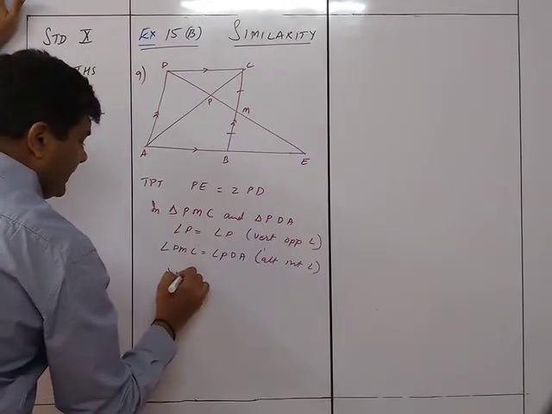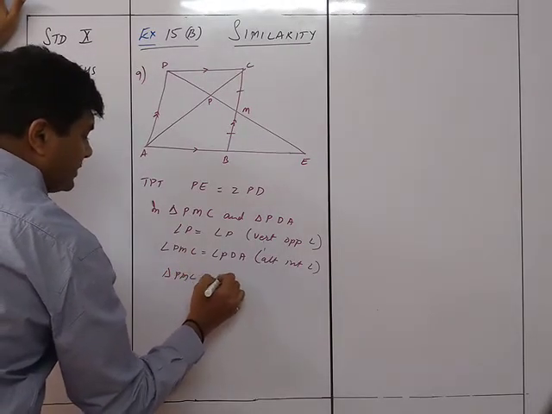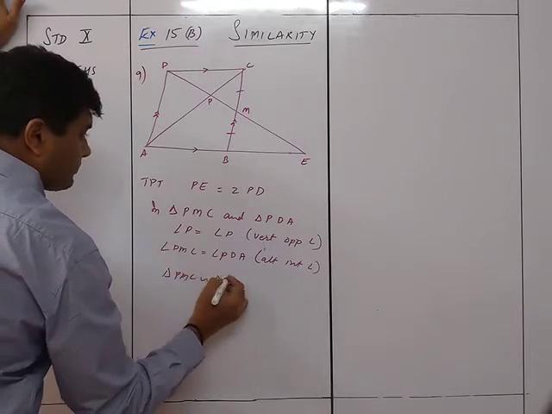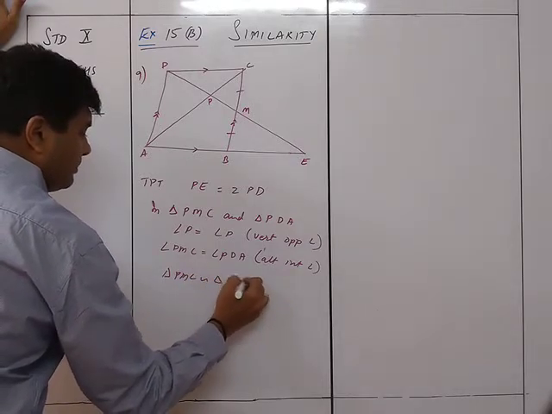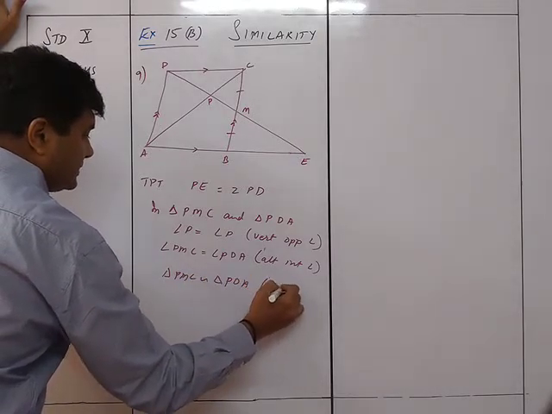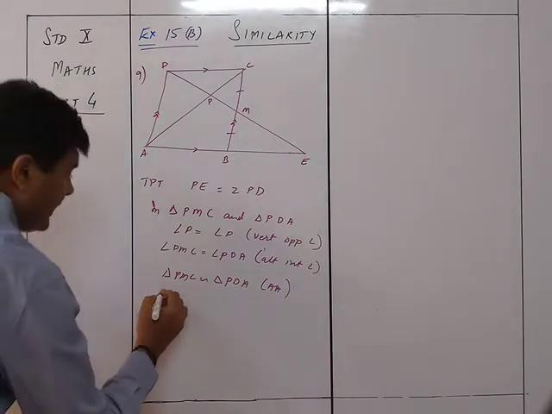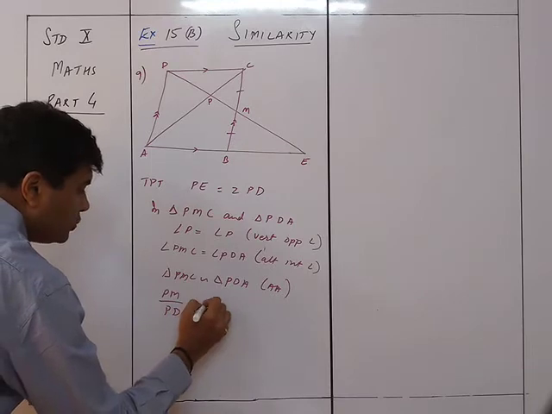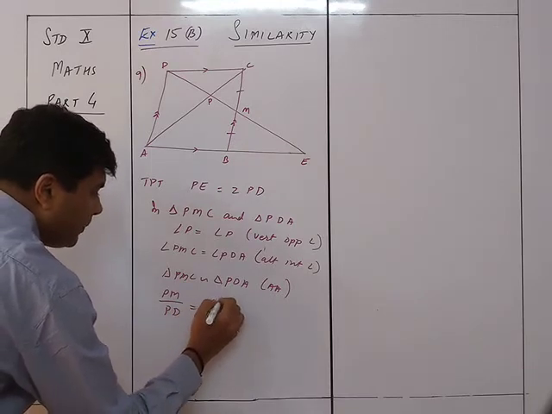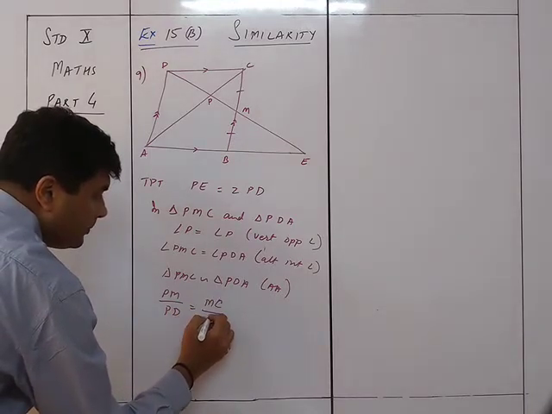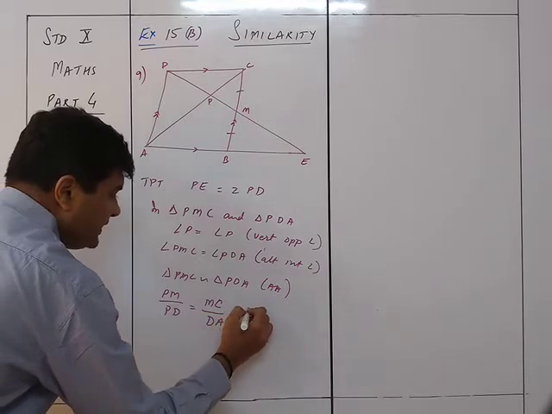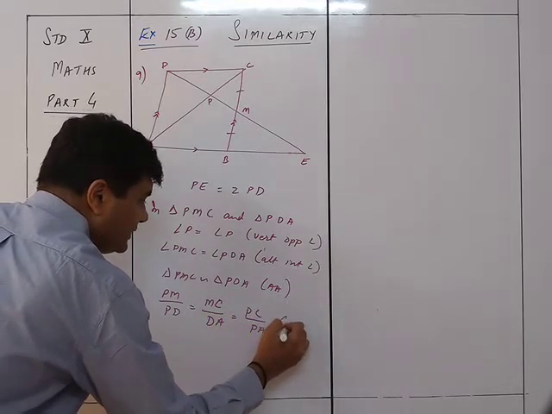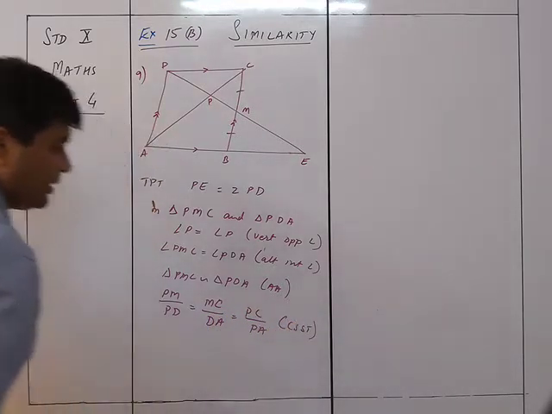Therefore, triangle PMC is similar to triangle PDA by AA test. And now we have that PM upon PD is equal to MC upon DA is equal to PC upon PA, CSST.